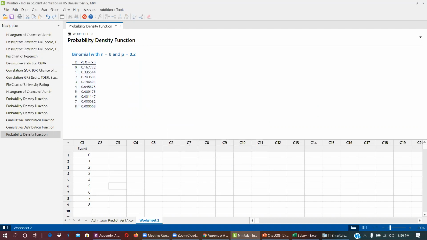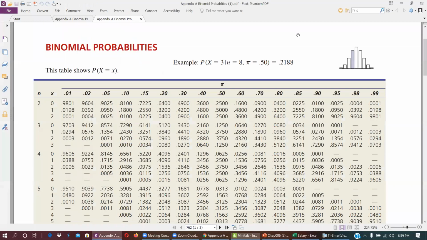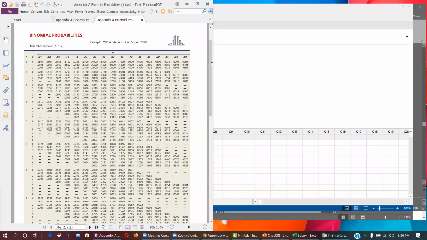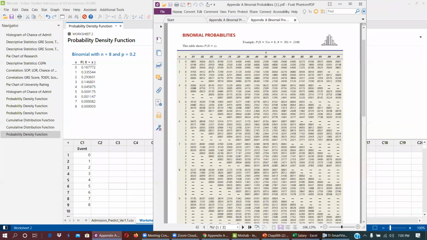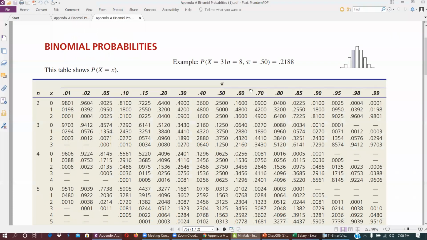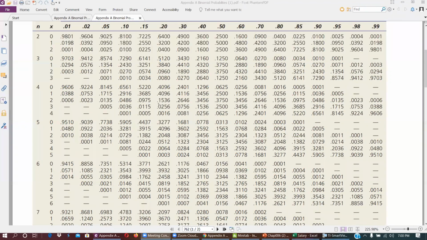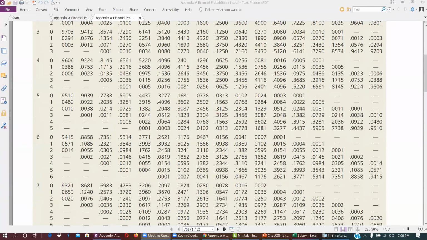Now check these values with 0.16, 0.335, 0.29, and let me show you here. Here you can see what the pi value is in my case, n equal to 8 and pi equal to 0.2. So this is the column, and we would like to go to n equal to 8, which is the column.